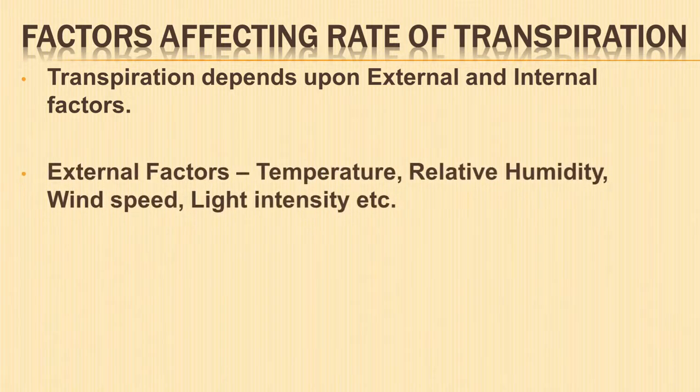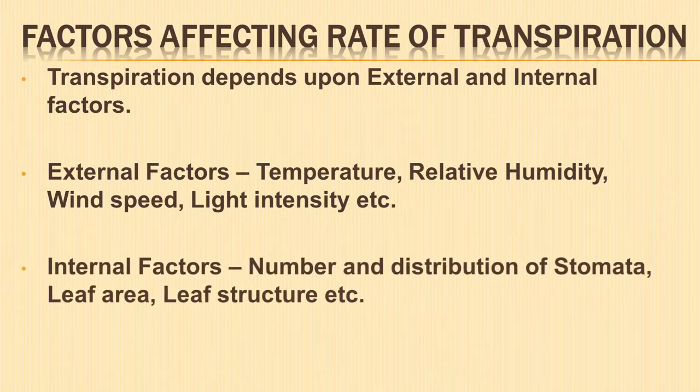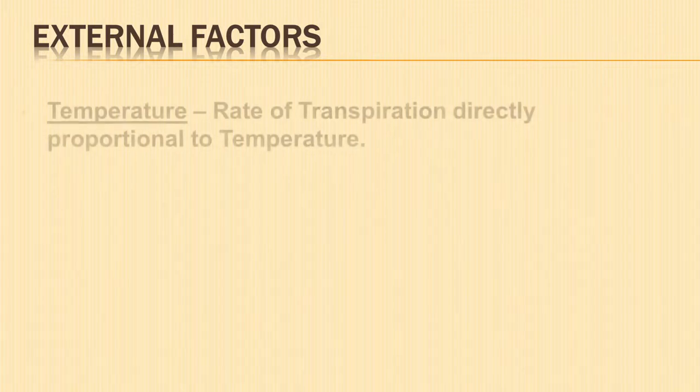External factors are temperature, relative humidity, wind speed, light intensity, etc. Internal factors are number and distribution of stomata, orientation of the leaf, root-shoot ratio, leaf area, leaf structure, etc. Let us look into the external factors.